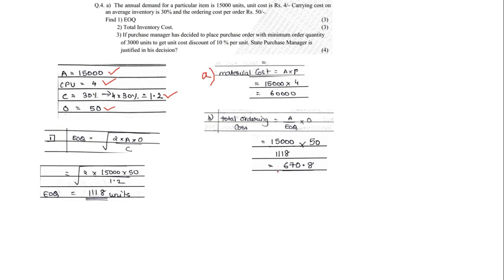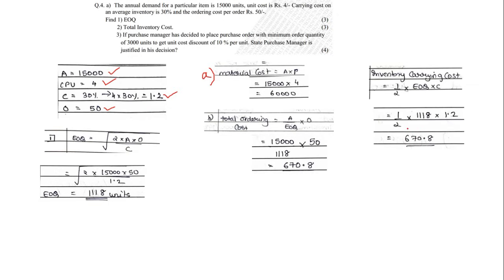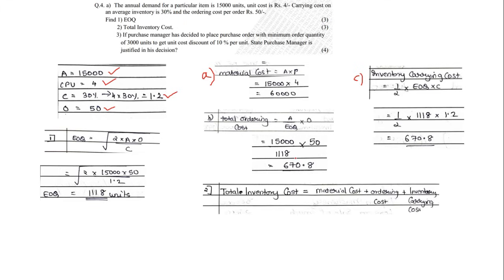Once we got the ordering cost, the third thing that we need is total inventory carrying cost: half into EOQ into C. EOQ is 1118, C is 1.2, and half. So half into 1118 into 1.2 again gives you 670.8 rupees. Once we have A, B and C, all three values, we can apply them into the final answer.